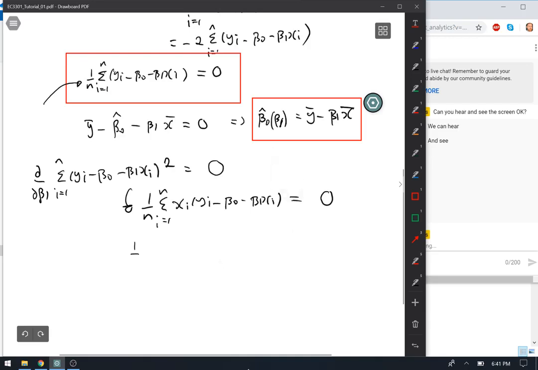Wait, it's frozen. One second, technical issue.